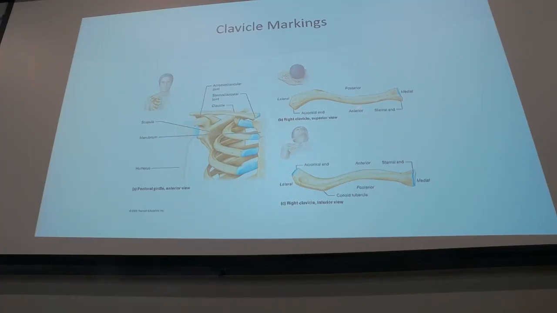The medial end is called the sternal end. Why? Because it connects to the sternum that we have in here. And the lateral end is called the acromial end because in the scapula, which is this posterior bone, we have this extension that is called the acromion.